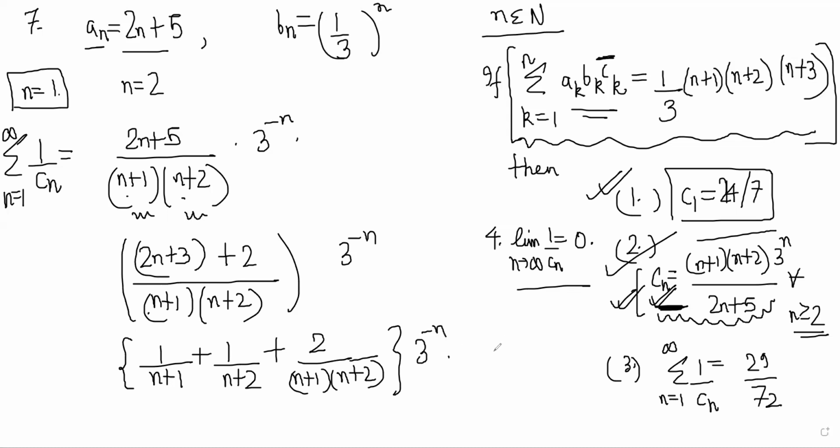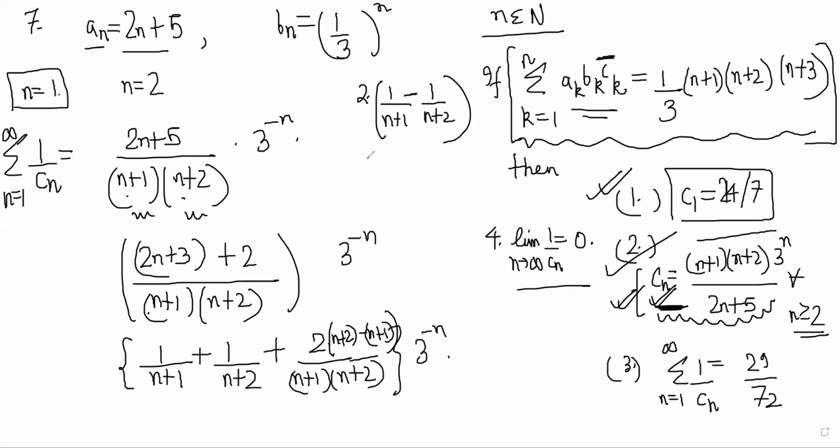Correct. And actually, this also can be split, no? So it is 2 into n plus 2 minus n plus 1, so this is 2 times 1 by n plus 1 minus 1 by n plus 2.